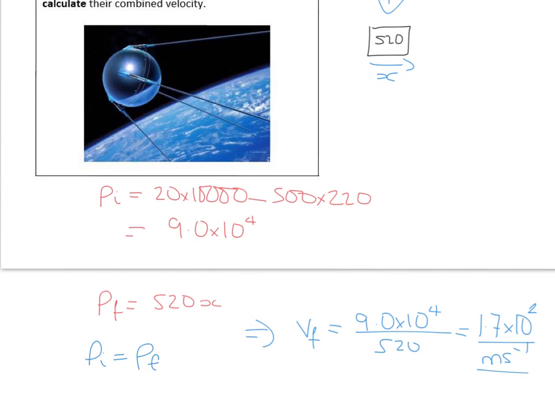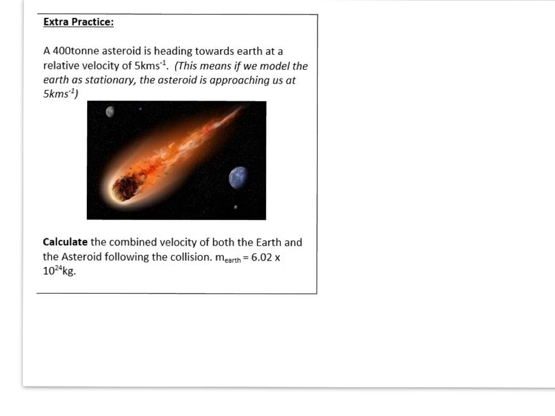Okay, so let's move on to the extra practice question. So we've got a 400-ton asteroid heading towards the Earth at a relative velocity of 5 kilometers per second. We know this is 400 tons, and we know it's heading at 5 kilometers per second, like that.